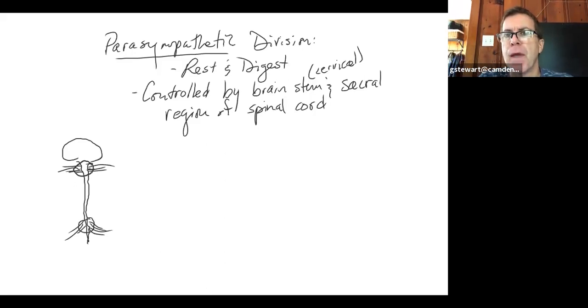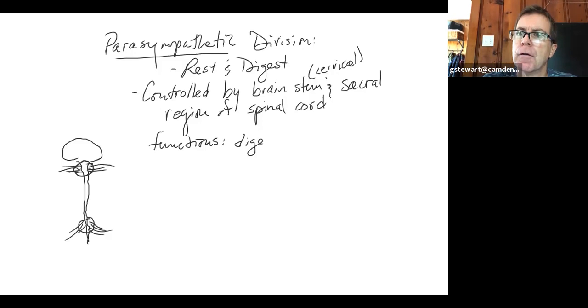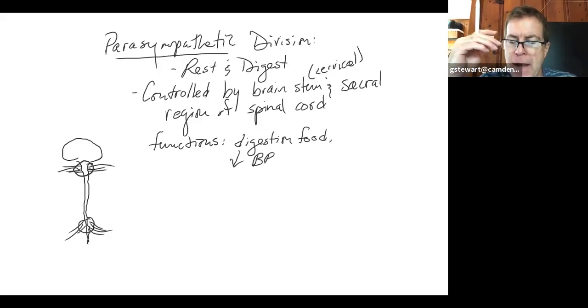And here are the major functions. This is just an outline of the functions. I'll try to get more detail if I have time later. So we get digestion of food. I'm just going to list some of these major functions of the parasympathetic nervous system. Decreases blood pressure, keeps our blood pressure down at a manageable level.